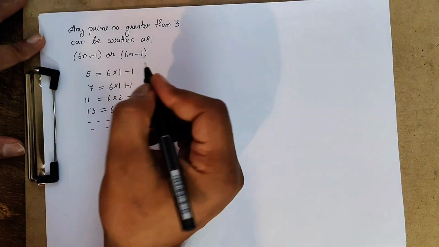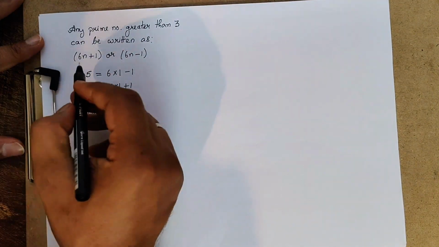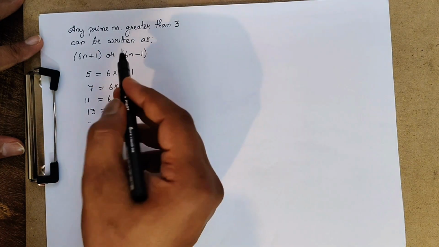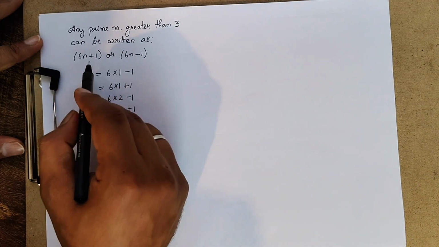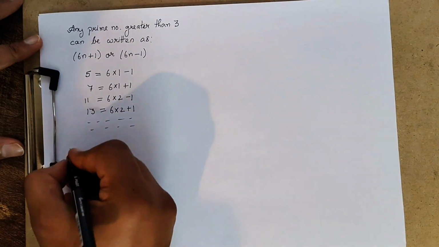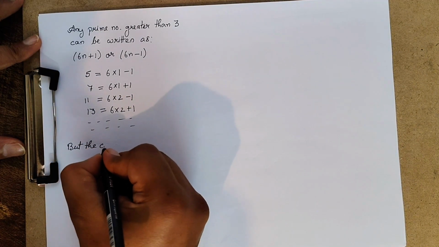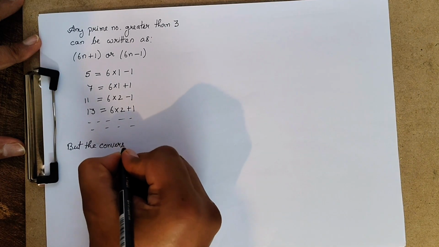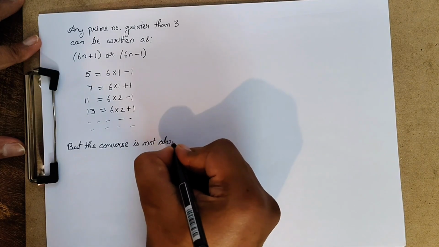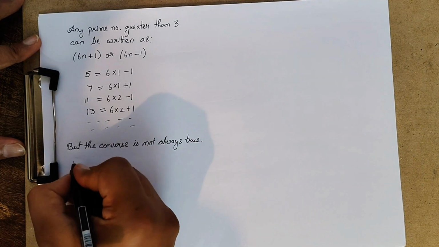But the vice versa is not true. What I mean is, any prime number greater than 3 can be written in the form of 6n plus 1 or 6n minus 1. But any number that can be written as 6n plus 1 or 6n minus 1 may or may not be a prime number. The converse is not always true, right?